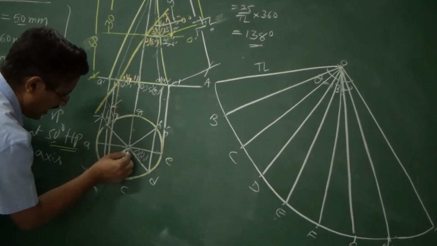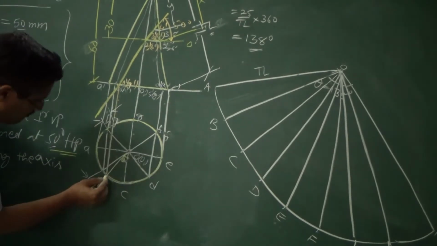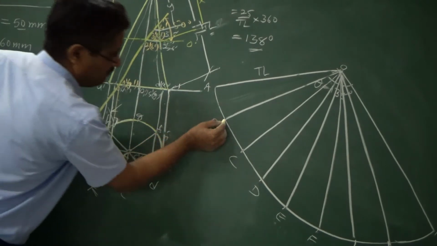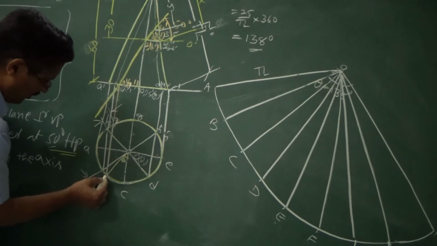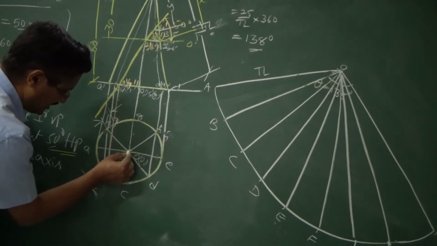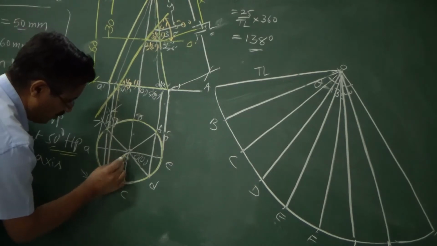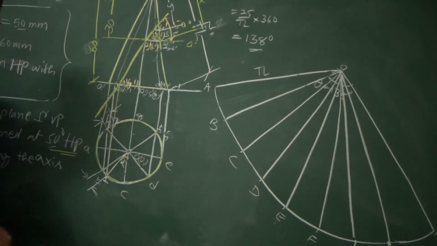This angle you can call a small angle theta. Point number 1 is in between B and C, so in between B and C I have to get point number 1. Just draw a straight line to that point. This is the small angle that you get. You may call that angle theta or alpha or whatever it is.